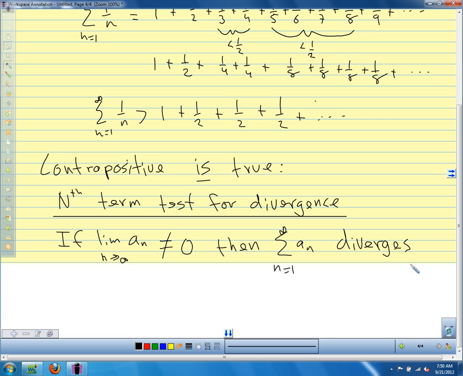So I switched my if and then, and basically I put a not in front of both of them. And that's a contrapositive. Change the order and put a not in front of everything. So this gives us a test for divergence. If our nth term, as n approaches infinity, does not approach 0, we can conclude that our series diverges.